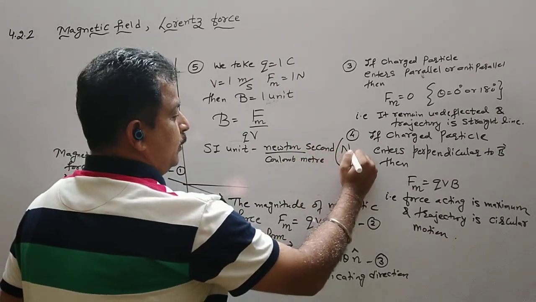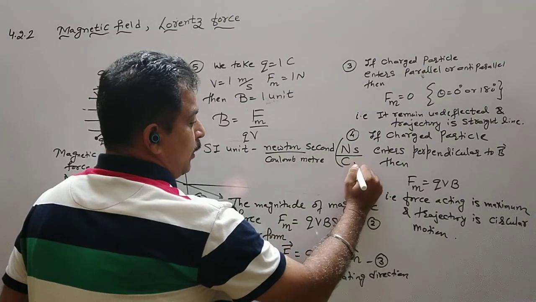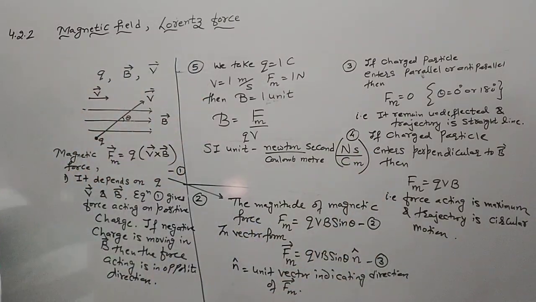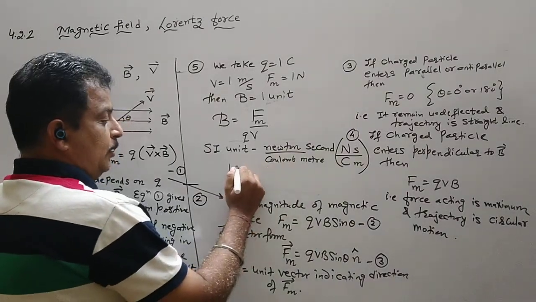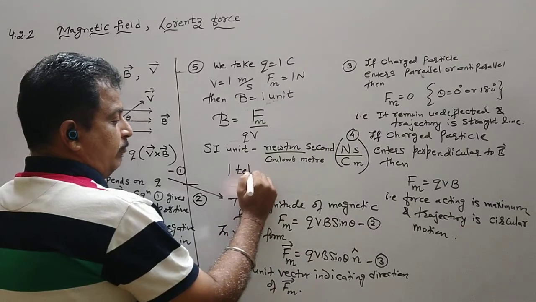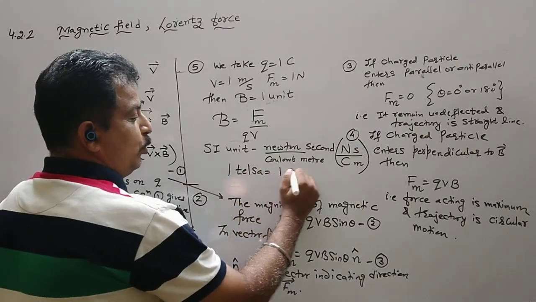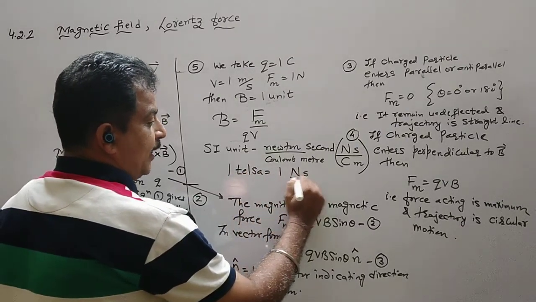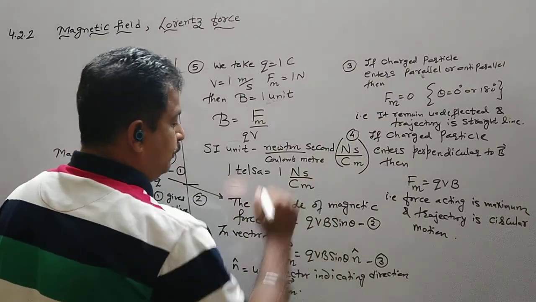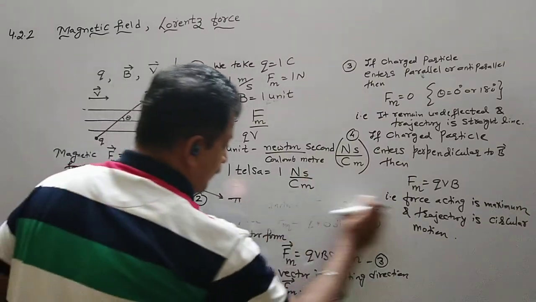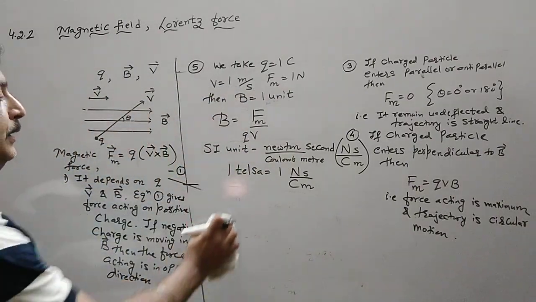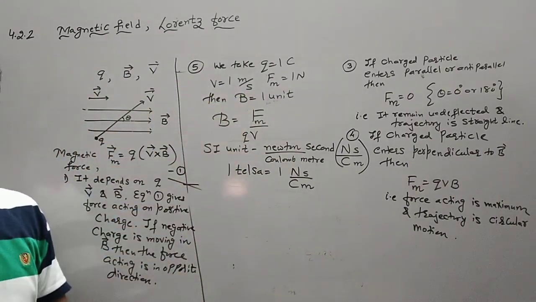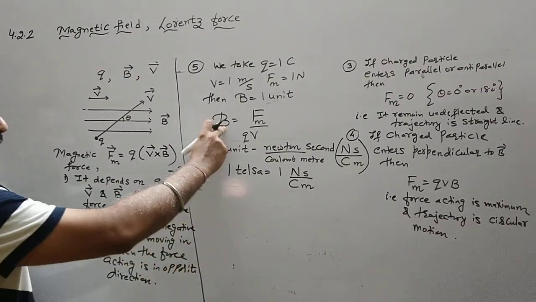So that is Newton second per coulomb meter. That is the SI unit, and this is referred to as 1 Tesla. So 1 Tesla is equal to 1 Newton second per coulomb meter. So this is the SI unit of the magnetic field, that is B.